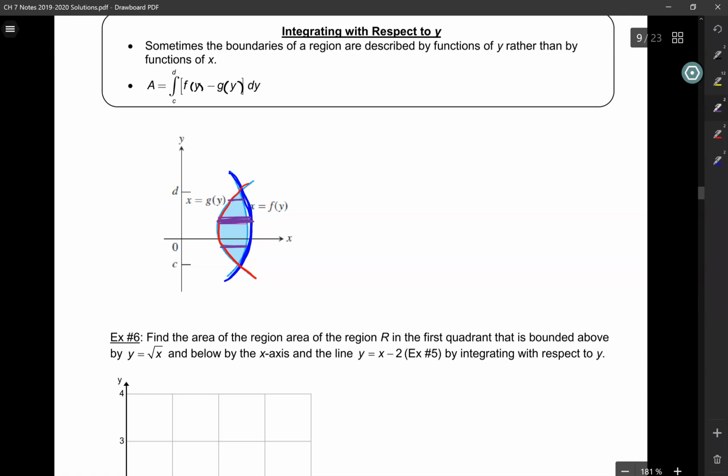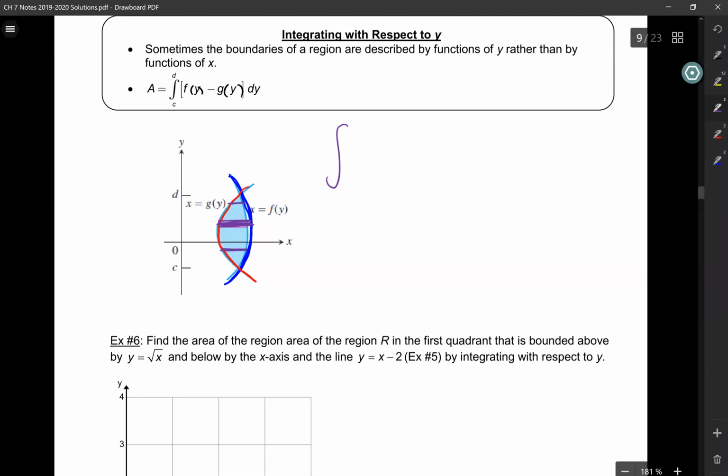So if I look at my function horizontally now, I have the same boundaries to the left as I have to the right. So what I can do in this case is solve my equations for x in terms of y, and now I integrate f of y, integrating over the y values. Instead of going a to b horizontally, I now go c to d vertically.